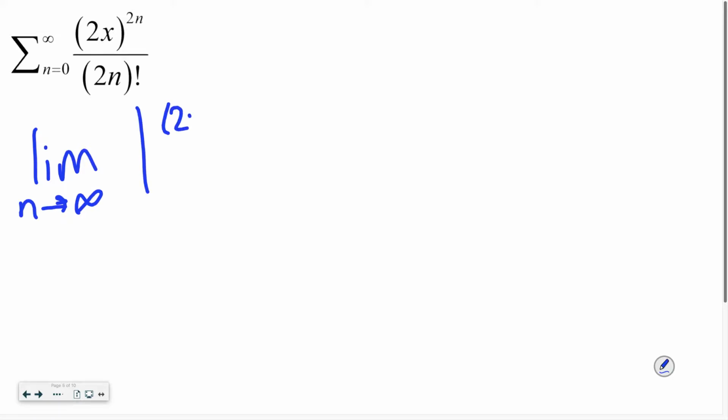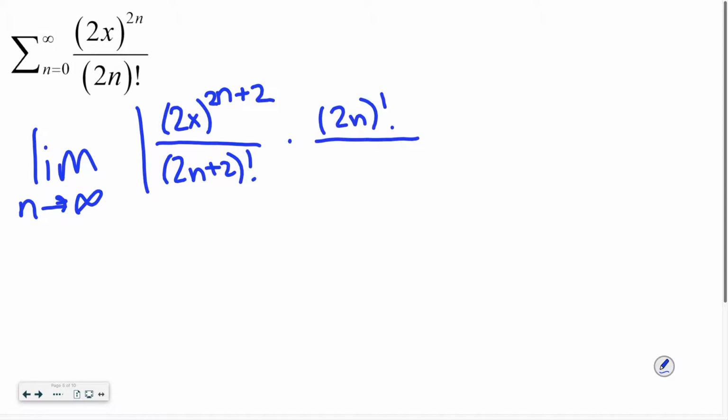Okay, so we have 2x to the 2n plus 2, right? Over 2n plus 2 factorial. Is everyone okay with what I have written up there? If n is multiplied by that 2, then n plus 1 also has to be multiplied by that 2, right?